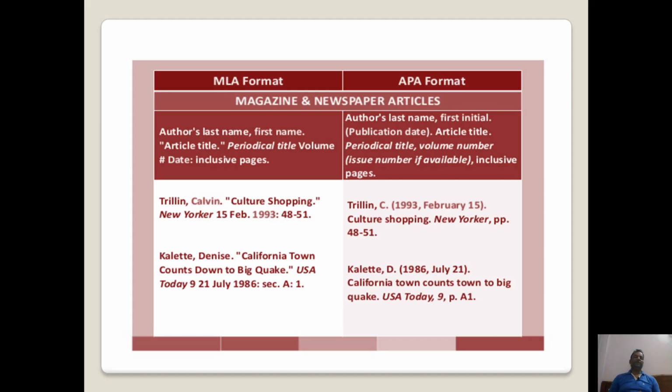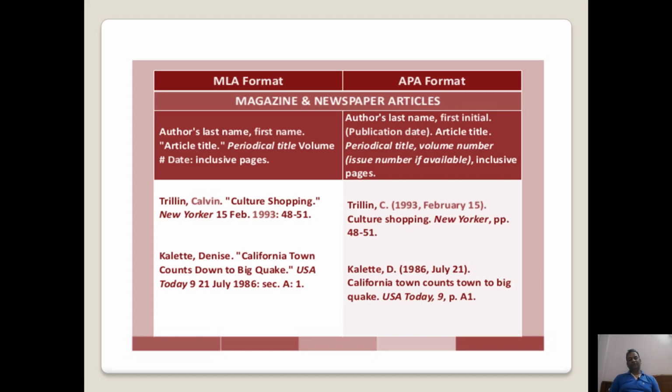If you're taking, for example, magazine and newspaper articles, then you will mention it like this: author's last name, author's first name, article title, periodical title, volume, whatever volume you take, 1, 2, 3, date, inclusive pages.